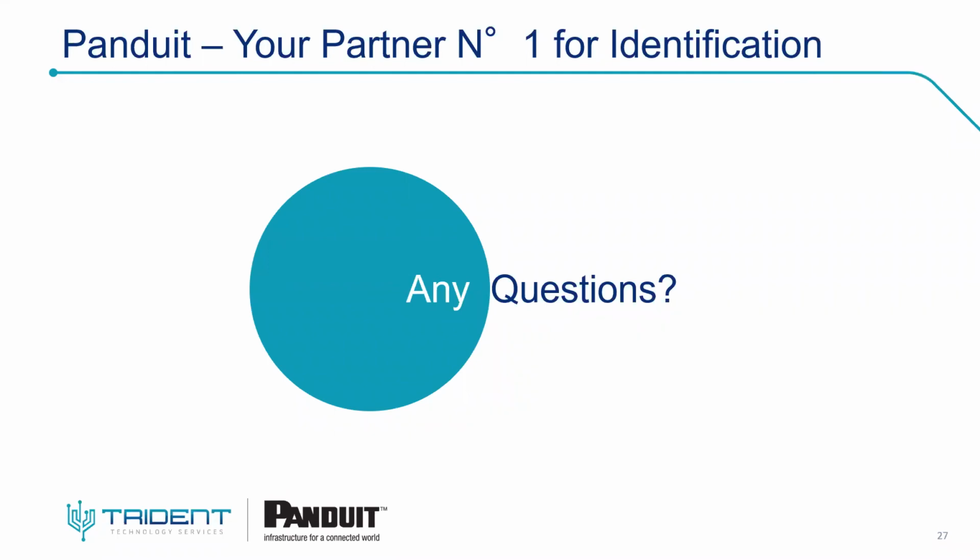Question number 3. Can I use EasyMark Plus software on more than one computer? Oh, you like asking me challenging questions, I noticed. It's a great question, and it has several answers.